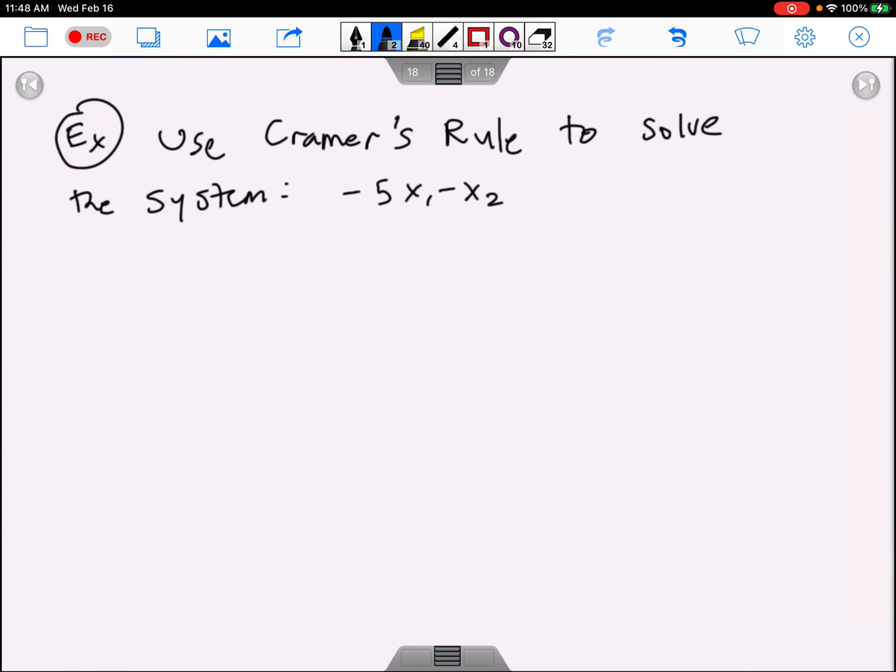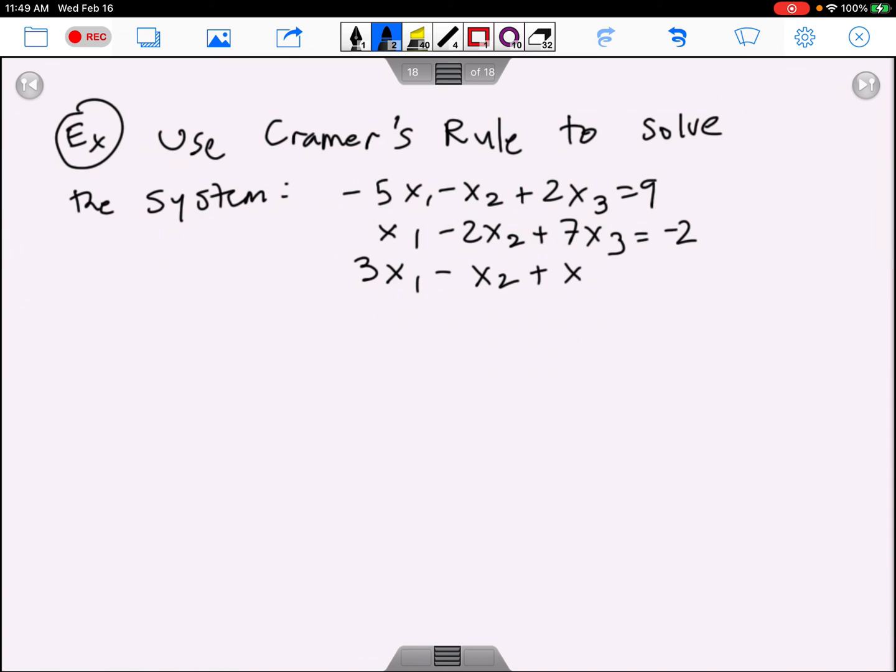Negative 5x1 minus x2 plus 2x3 equals 9. x1 minus 2x2 plus 7x3 equals negative 2. And 3x1 minus x2 plus x3 equals negative 6. Okay.